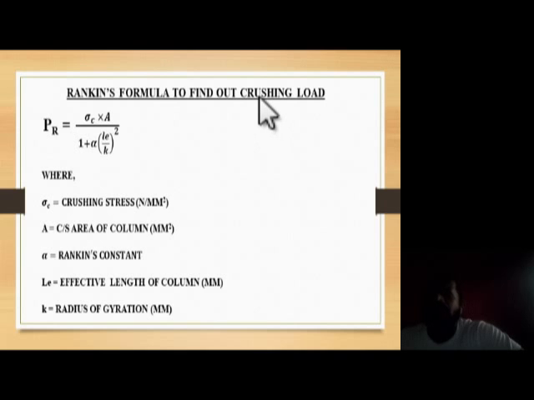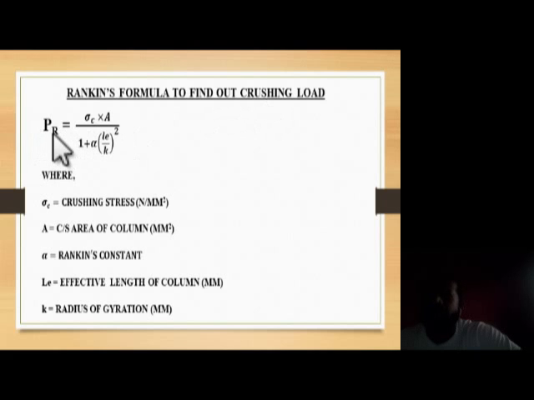So in this particular case, you have to use Rankine's formula to find the crushing load. Rankine's formula is used for both long columns as well as short columns, which is the limitation of Euler's buckling or crippling load. So if the column is short, you have to use Rankine's formula to find Rankine's crushing load.